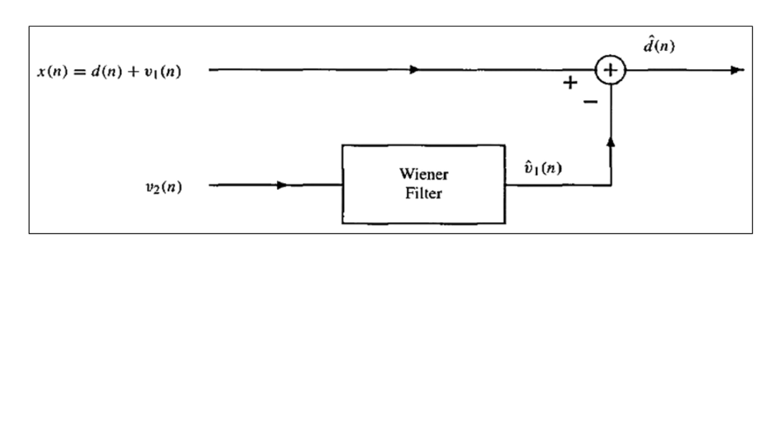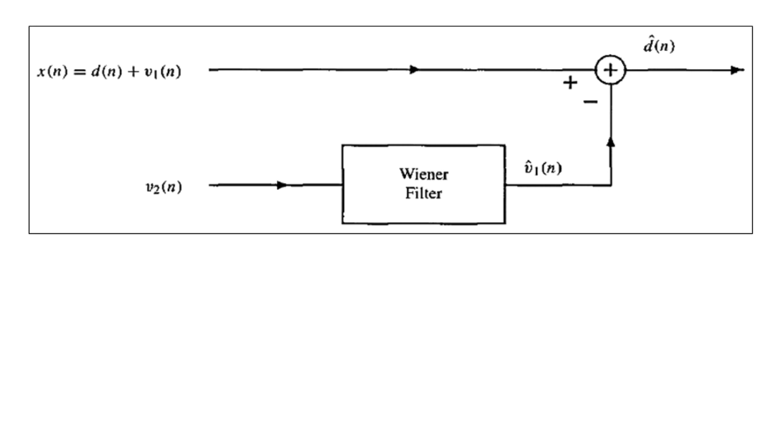Here we are just making use of a Wiener filter. The noise component is denoted by v1 of n. This signal is given as an input to a summation, with a plus sign, and from this x of n we have a subtraction.